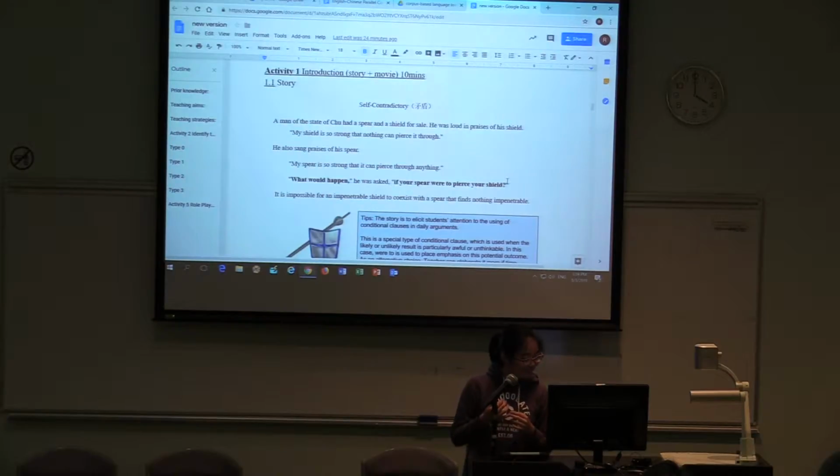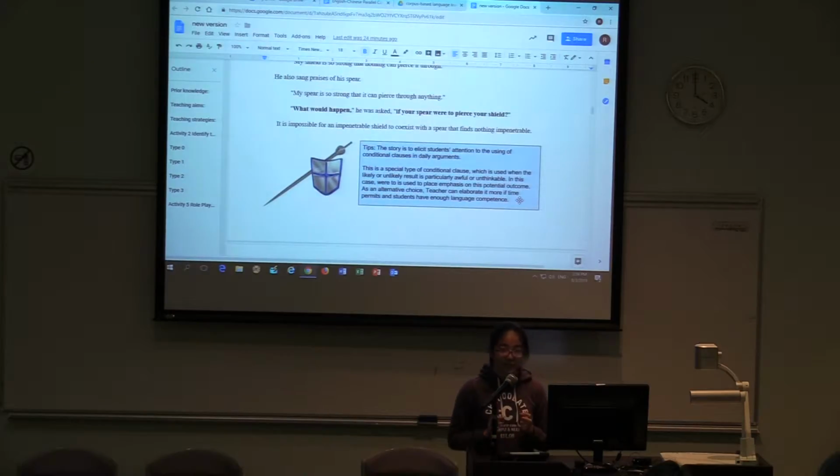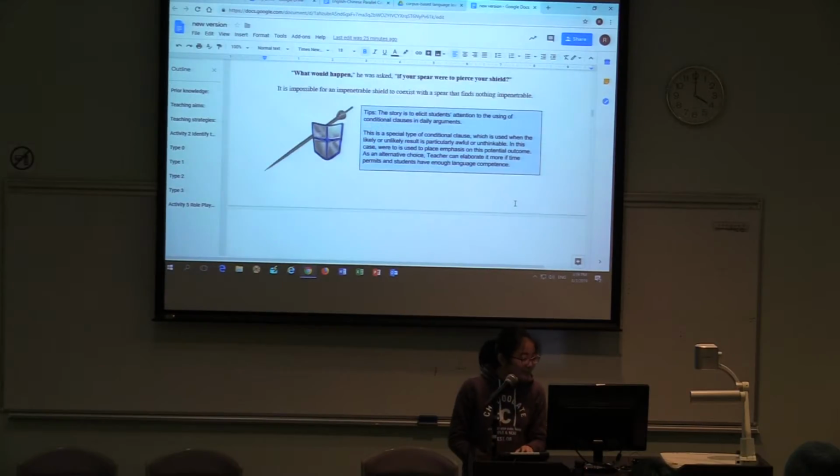It elicits students' attention that if clauses can be used in people's daily arguments, and it is also a special type of conditional clause. But whether teachers should explain it more depends on your students' level.